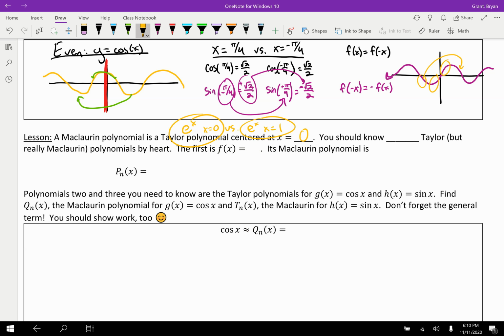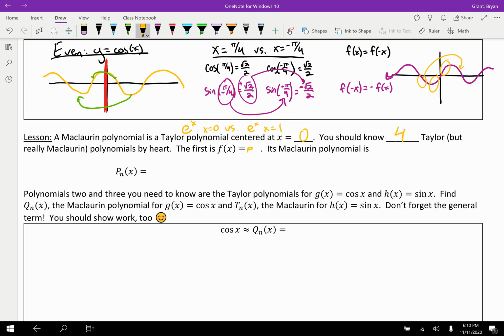Both of those are Taylor polynomials. However, any Taylor polynomial centered at x equals 0 is more commonly known as a Maclaurin polynomial. Now, you are required to know 4 Taylor polynomials by heart, but really, they're all Maclaurin polynomials. They're all centered at 0, which is really nice.